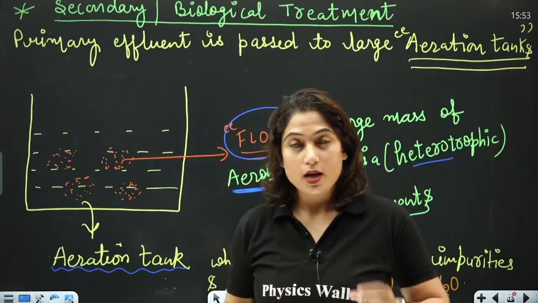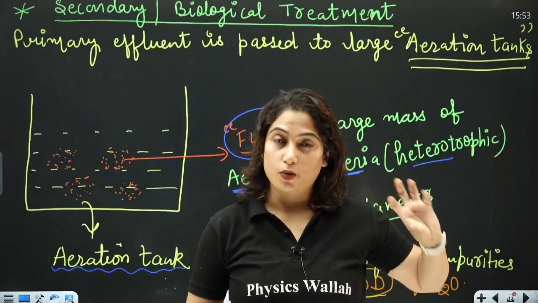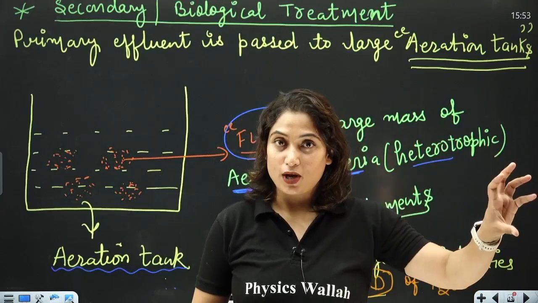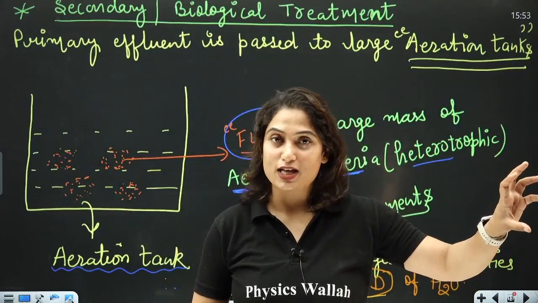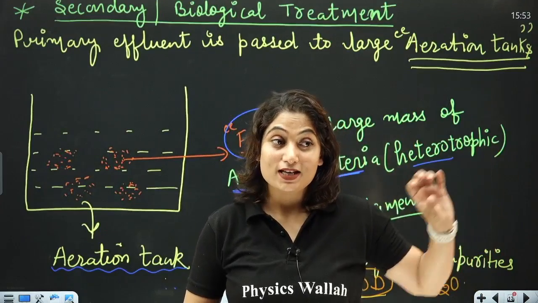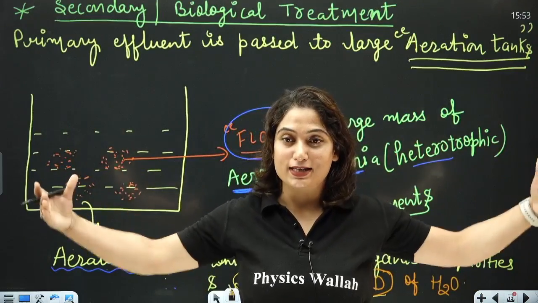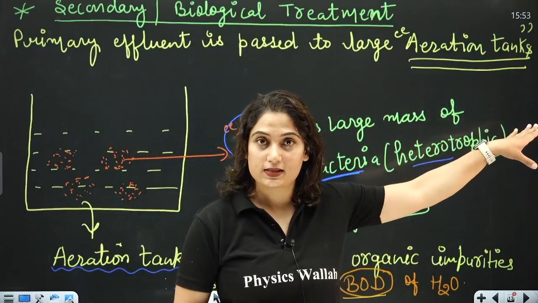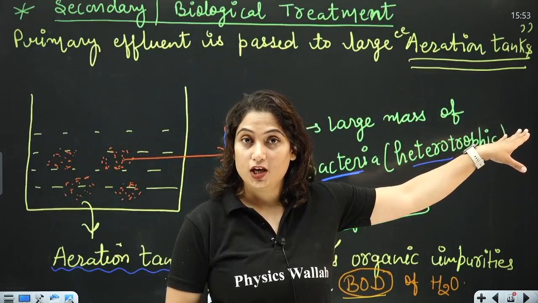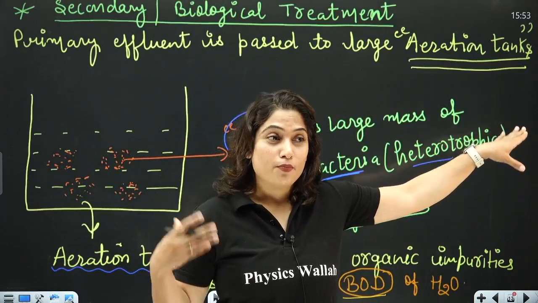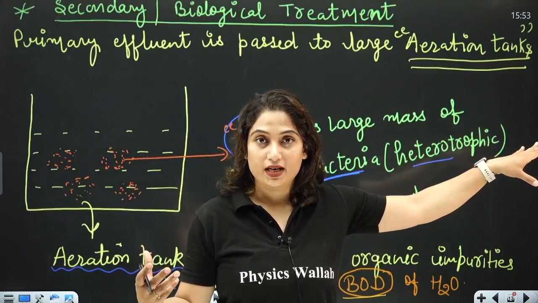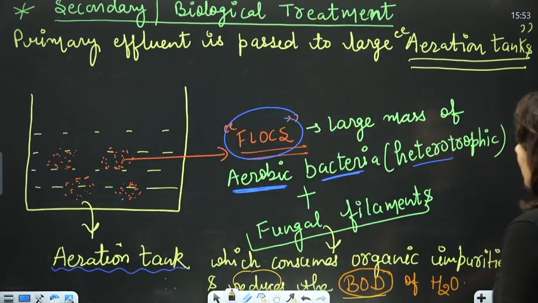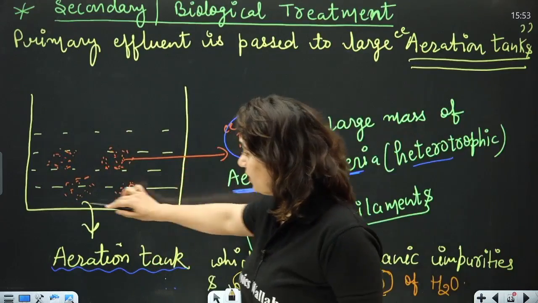This water, which has no physical impurities now, is passed on to large tanks, and those large tanks are called aeration tanks. Why are these called aeration tanks? Because a large amount of oxygen is provided in these tanks. So this is the aeration tank, right?